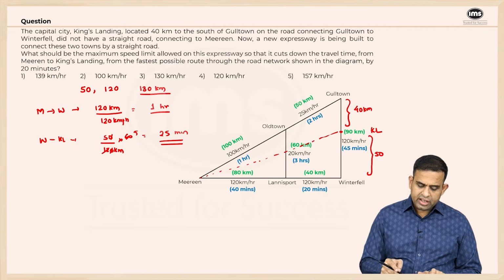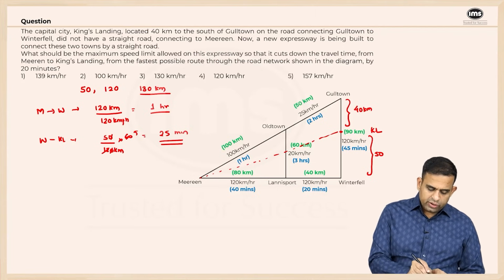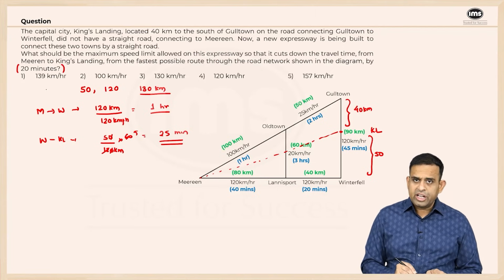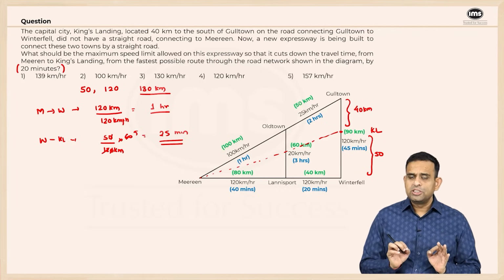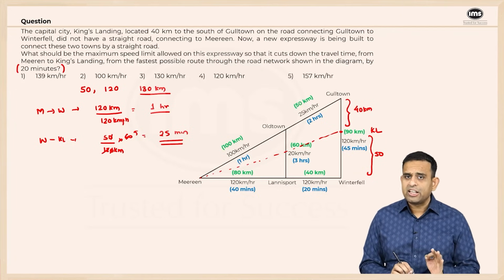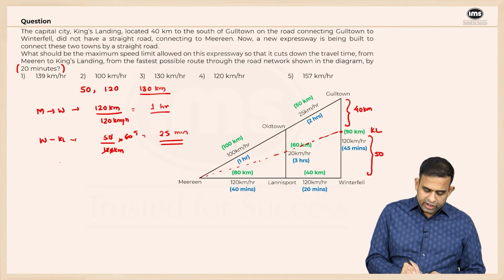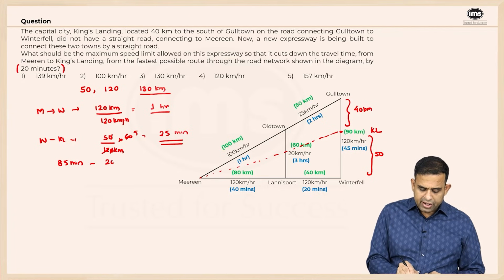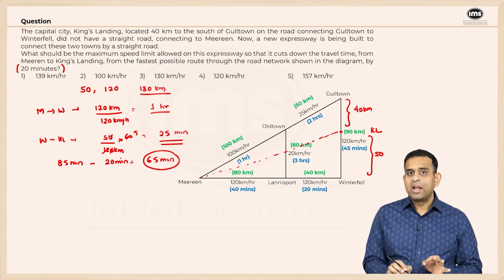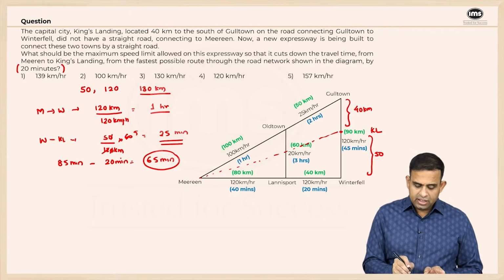And because they are saying that you have to save a time of 20 minutes, you now want to cover the distance from Meereen to King's Landing via the expressway in 20 minutes less. So if you look at 85 minutes, which is 1 hour 25 minutes, subtracting 20 minutes, you want to cover this distance now in only 65 minutes, and a distance of one can say 130 kilometers.